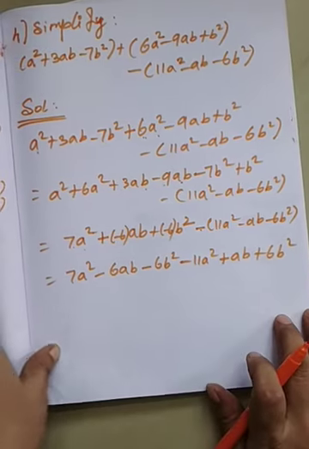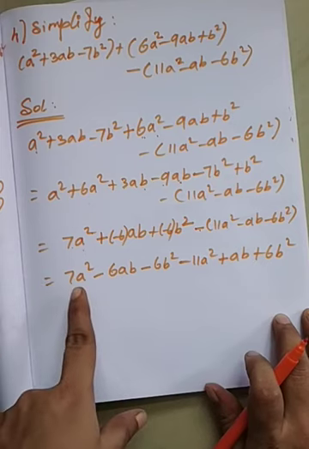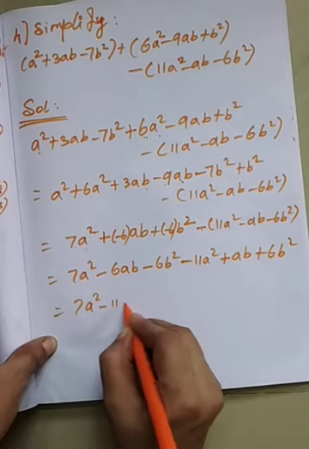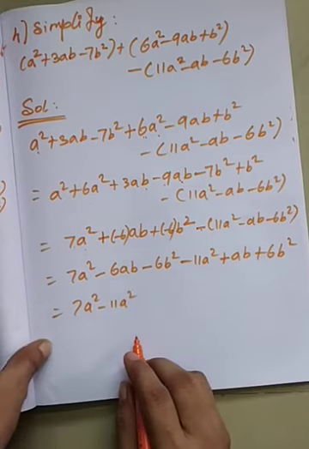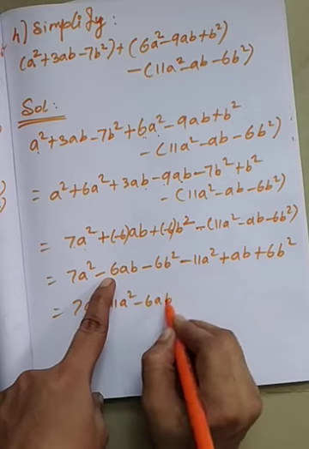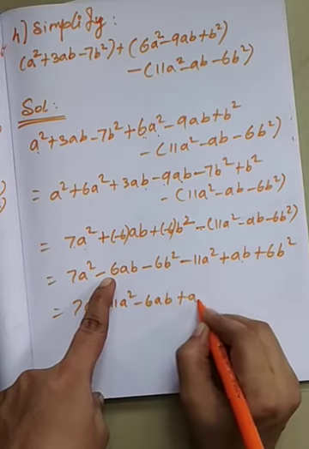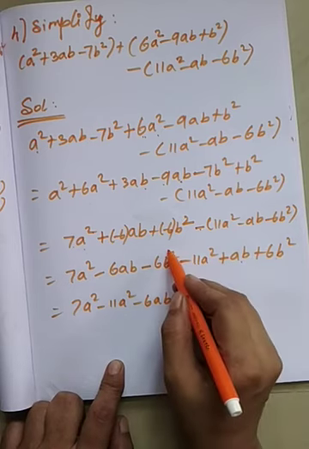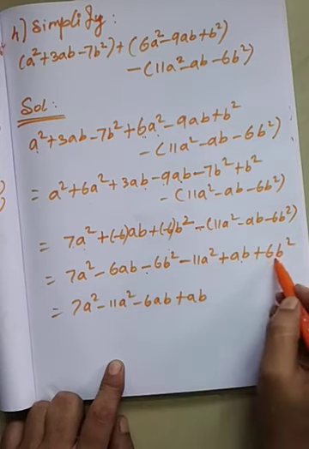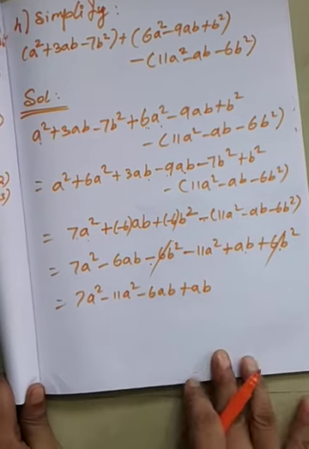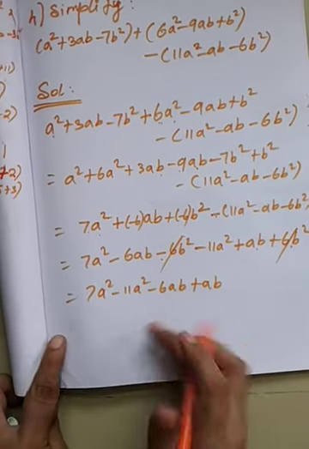Again you have to arrange the terms. Okay, see here 7a squared. Write 7a squared minus 11a squared. Next see here minus 6ab then plus ab, minus 6b squared plus 6b squared. This is negative, another term is positive, so directly you have to cancel. Okay, now simplifying this one, you will get the result.